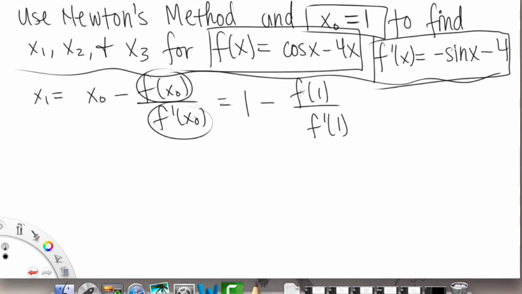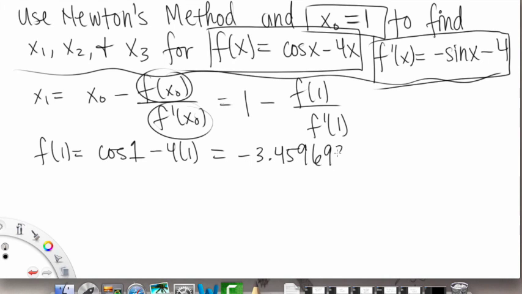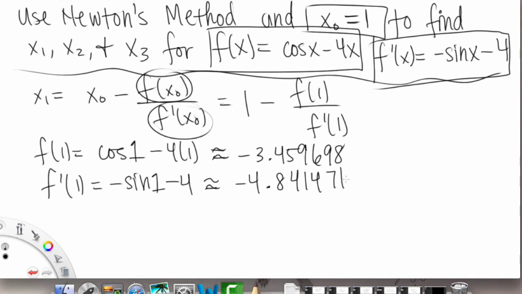F of 1 is cosine of 1, in radians, minus 4 times 1, which is about negative 3.459698. We are going to have a lot of decimals, I'm just going to warn you now. And f prime of 1 is negative sine of 1 minus 4, which is approximately negative 4.841471.